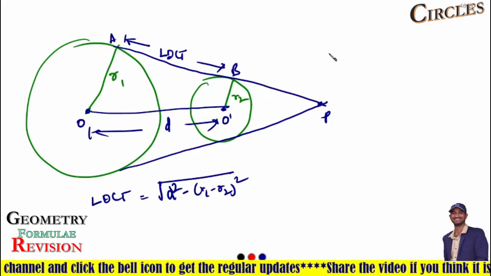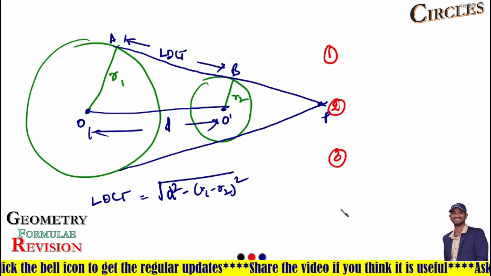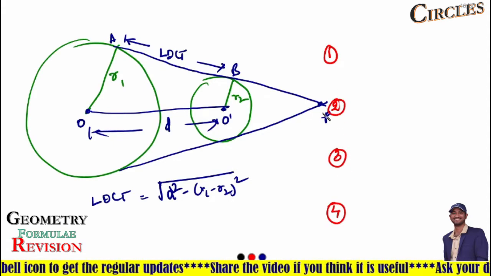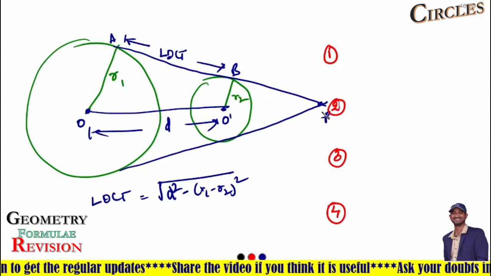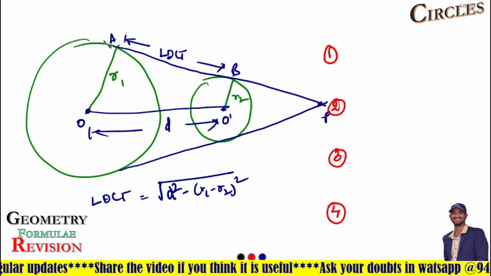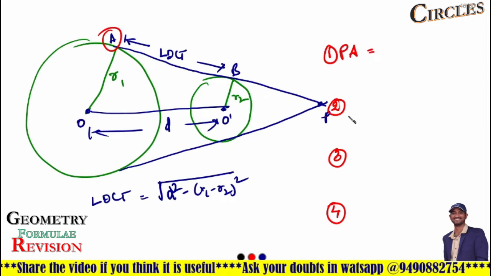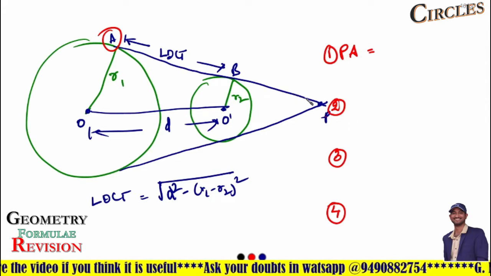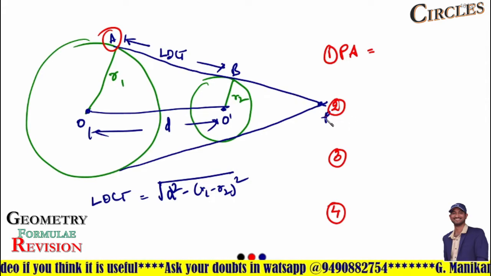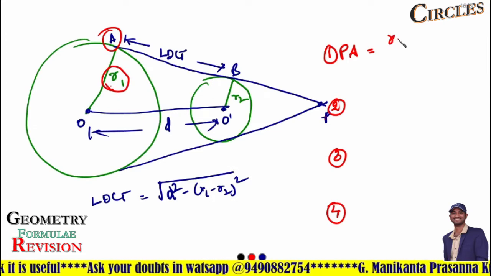Now we have some other formulas. No one will tell you these formulas. Remember them. First formula, PA, the distance from the intersection point of the tangents to the first circle. Tangent PA is equal to, taken from the external point to the first circle, with radius R1.